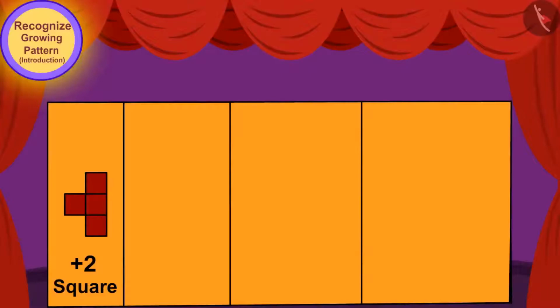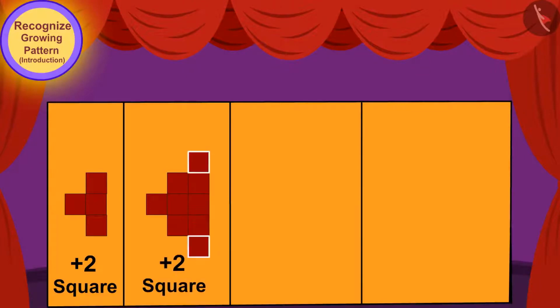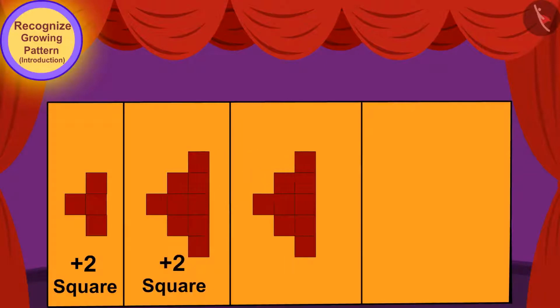Now, when this group was repeated, another vertical line was added to the pattern and it increased by 2 squares from the second vertical line.